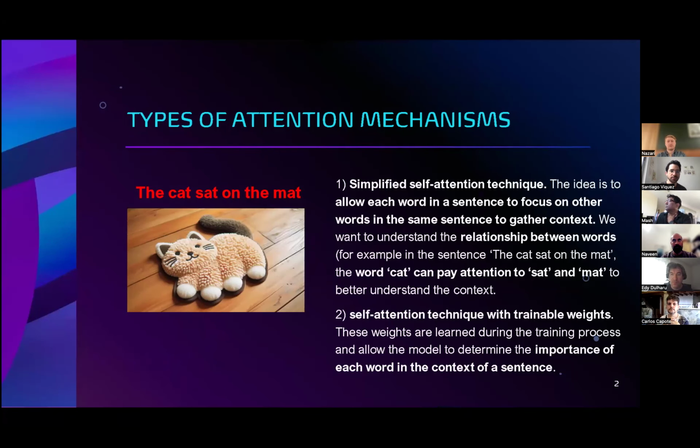Okay, so just a recap from the previous discussion, we have this simplified technique or mechanism, the self-attention mechanism, and the idea here that we need to build an enriched meaning or representation for each word in a sentence using this context vector approach.